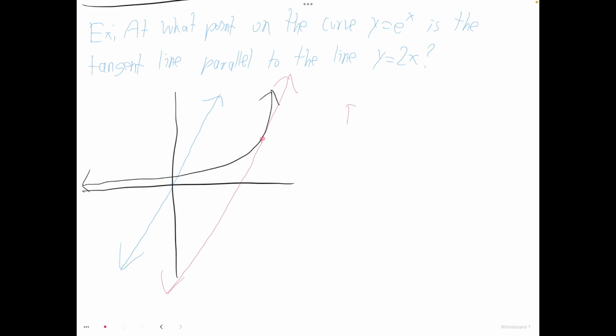So we want to find the point on y equals e to the x where the tangent line has a slope of 2.